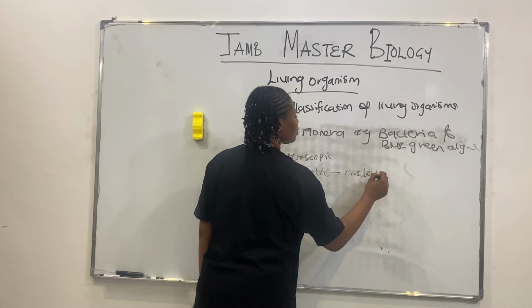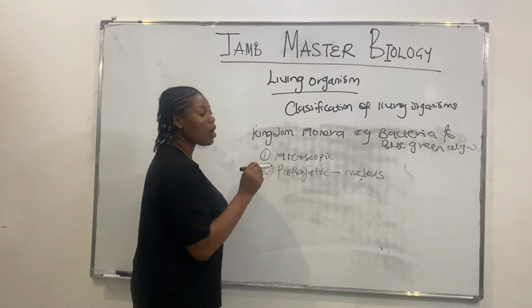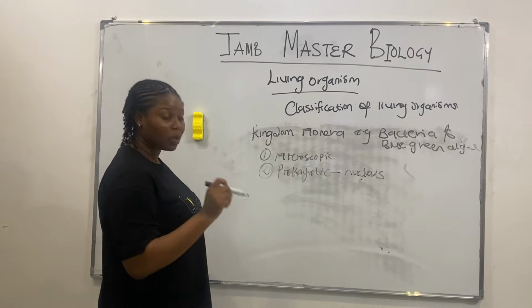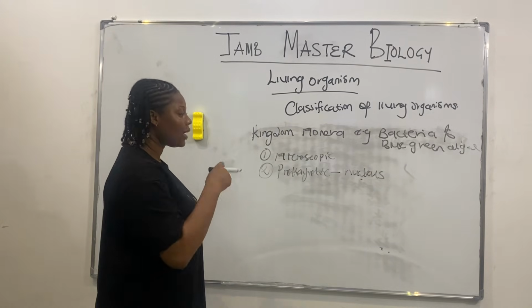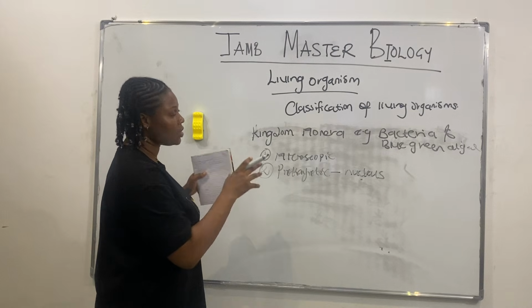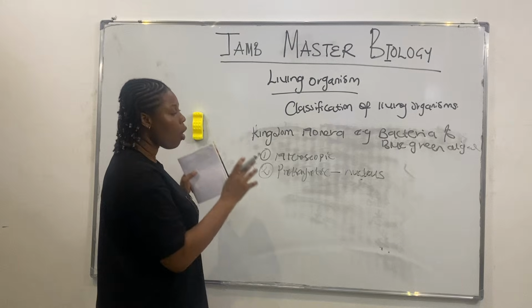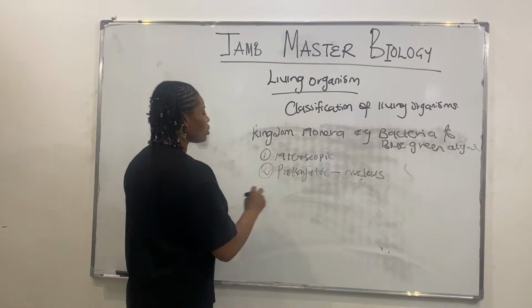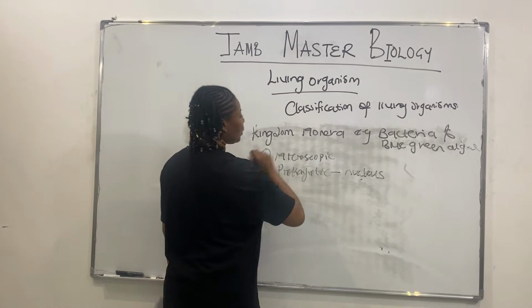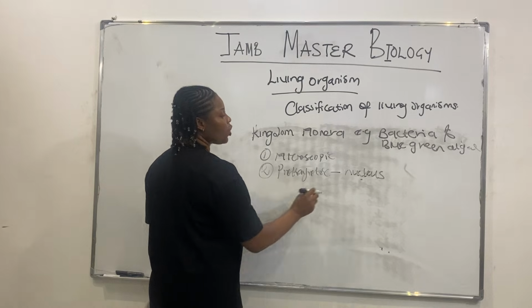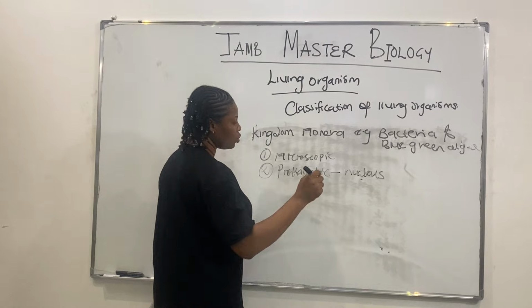The nucleus is an essential organelle in any living organism, right? When we get to different organisms in the cell, I'm going to explain what a nucleus is and I'll outline all the components of a cell. So just know that bacteria under kingdom Monera are prokaryotic because they do not have an organized nucleus.